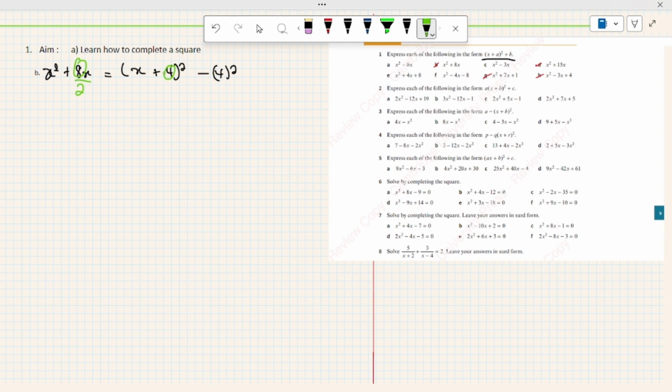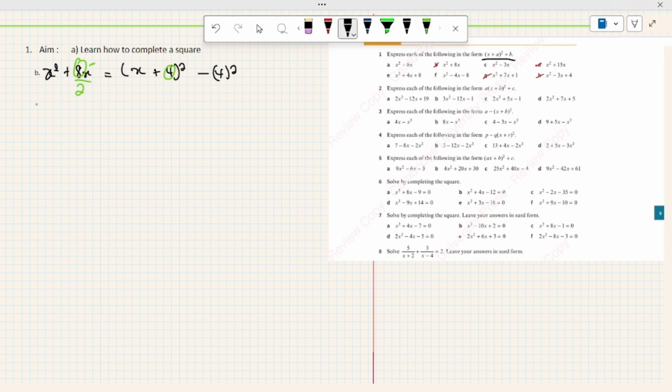Basically, you take the coefficient of x, you halve it, and you get your value of a. After you get your value of a, you square it, and you subtract the squared value of a. So yeah, let's get to it.